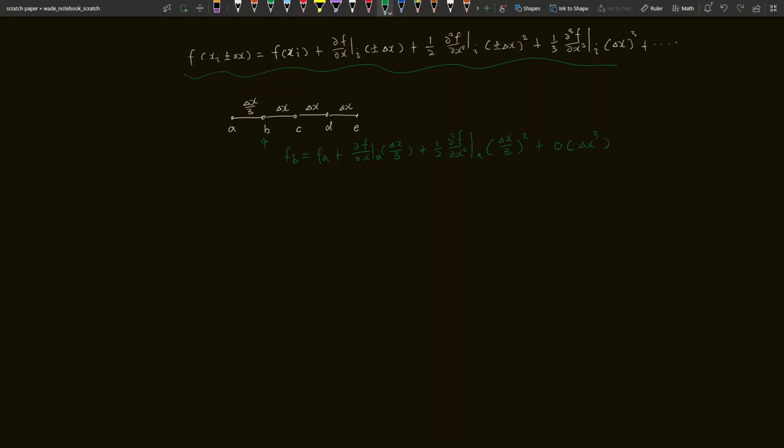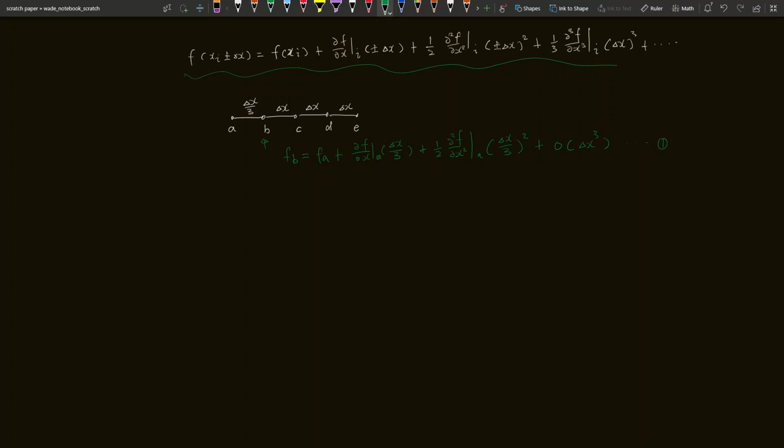Here the order is actually in terms of delta x over 3 cubed, but the 3 is a constant that doesn't depend on our spatial discretization, so we just remove it and write it as delta x cubed. So this is the first equation.